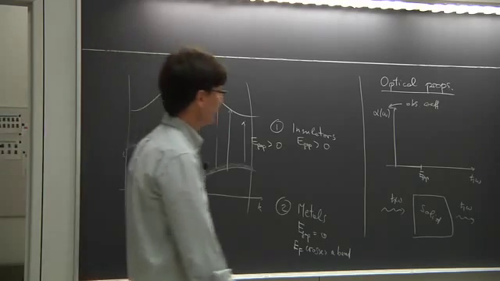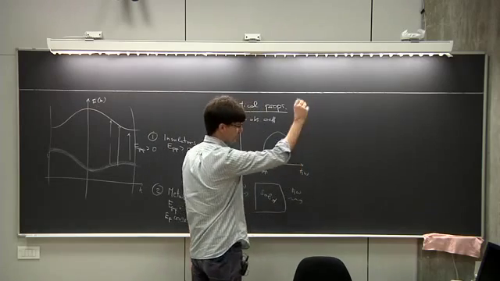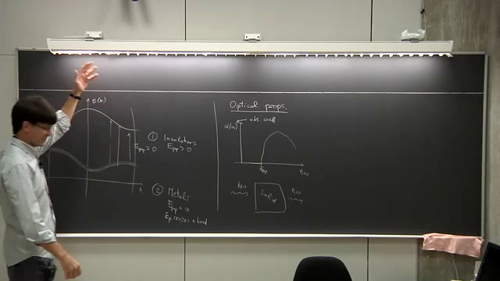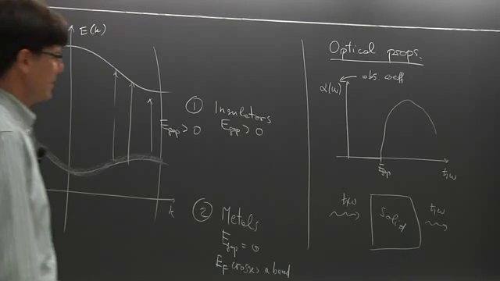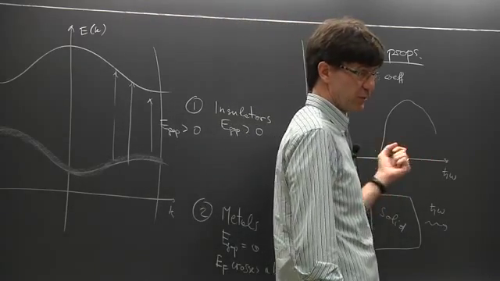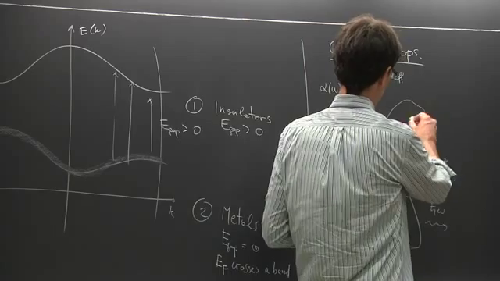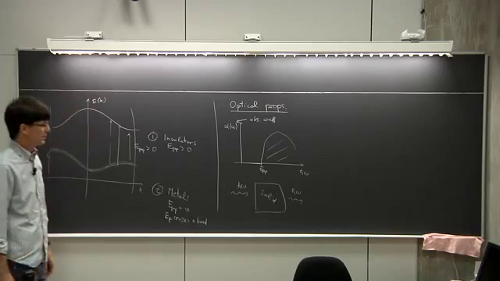So there is a continuum of excitations, and then either it goes down to 0 or not, depending on the band structure above here. But the main point is that there is a window of photon energies for which there is no absorption. And then, after a while, absorption begins.